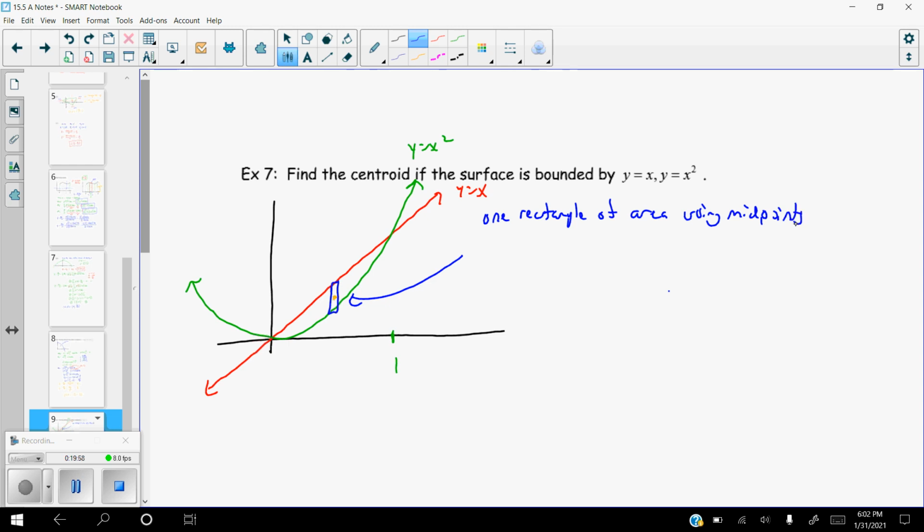So the orange dot there is going to be representing the centroid of that rectangle. Learn how to spell it right. But we need all the rectangles that we could do from left to right. So we need all of those centroids. So we need all rectangles.